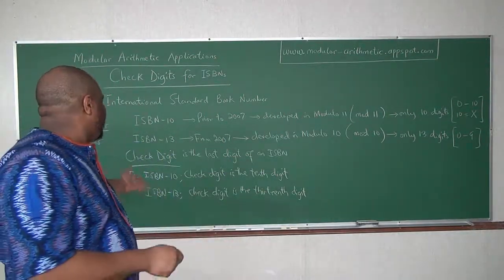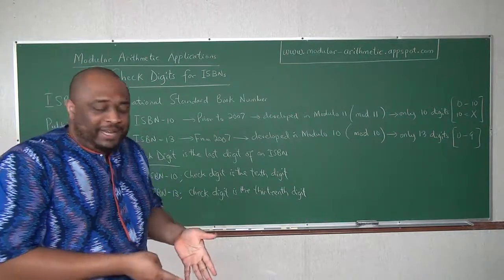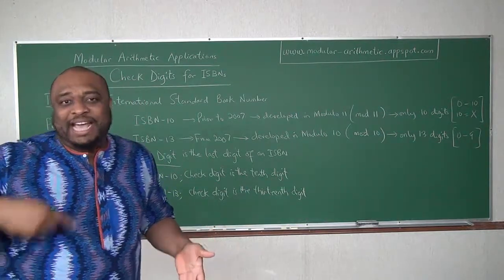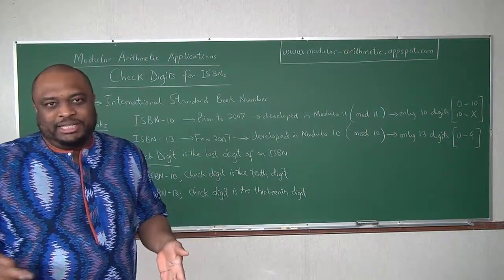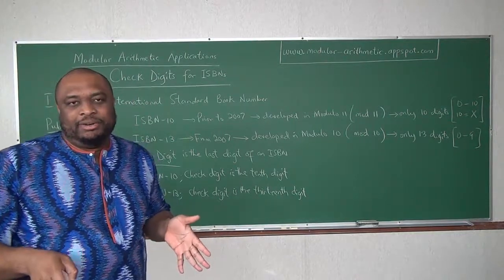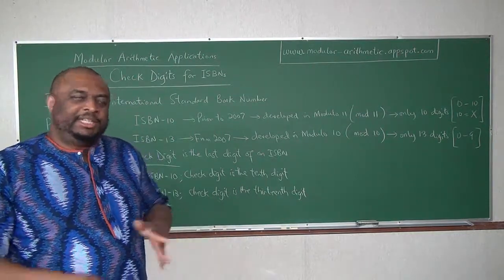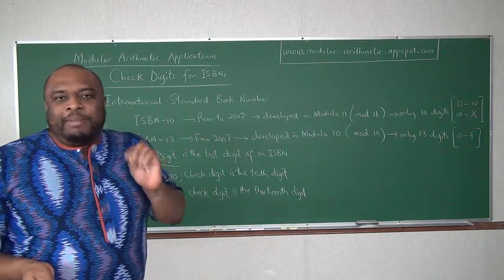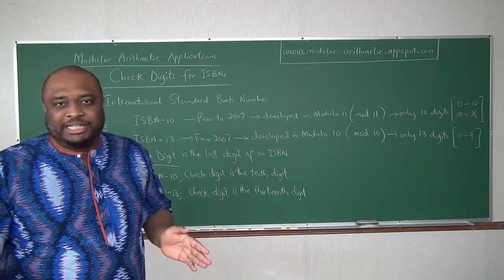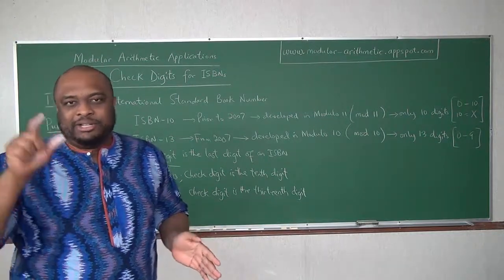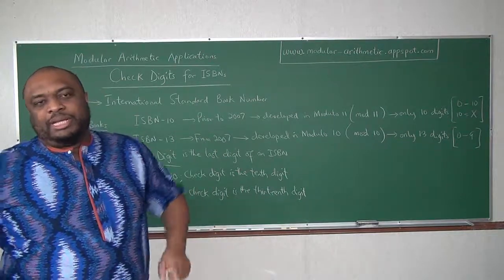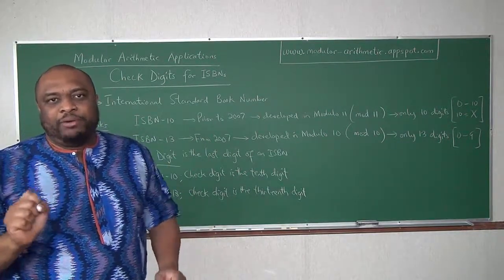The same goes with the ISBN-13. You type in the 12 digits in the system. It calculates what the check digit would be. If you type in the right check digit, it says okay. But if you type in the last digit and it is not what the system calculated that it should be, it will say no. It will catch that error.